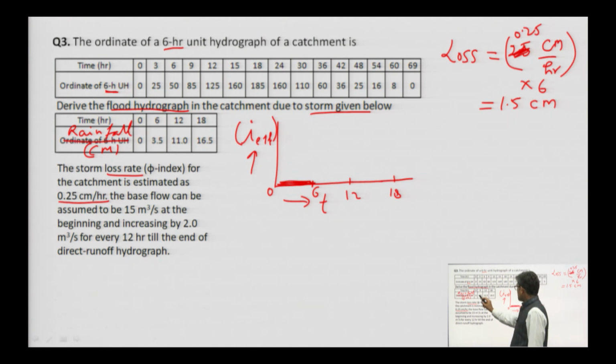So for the first 6 hours, the effective rainfall will be only 2 centimeter.